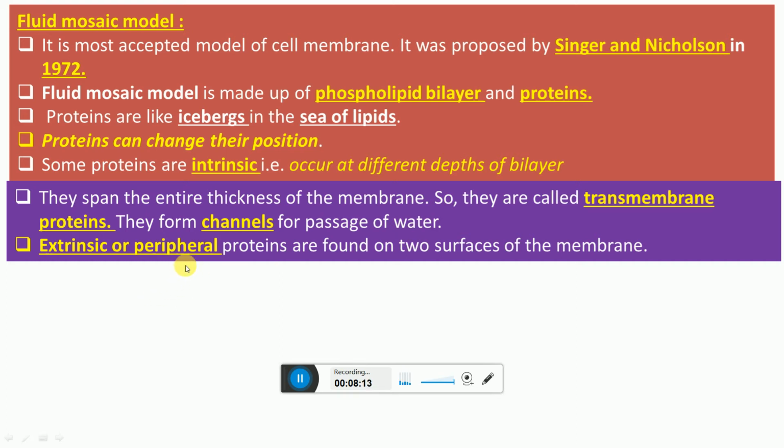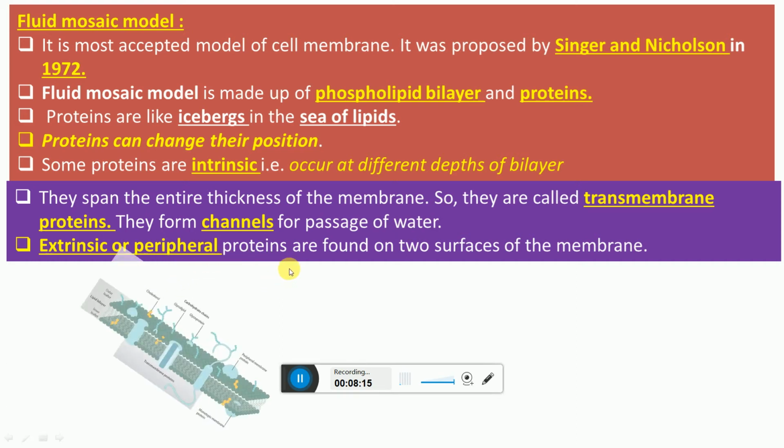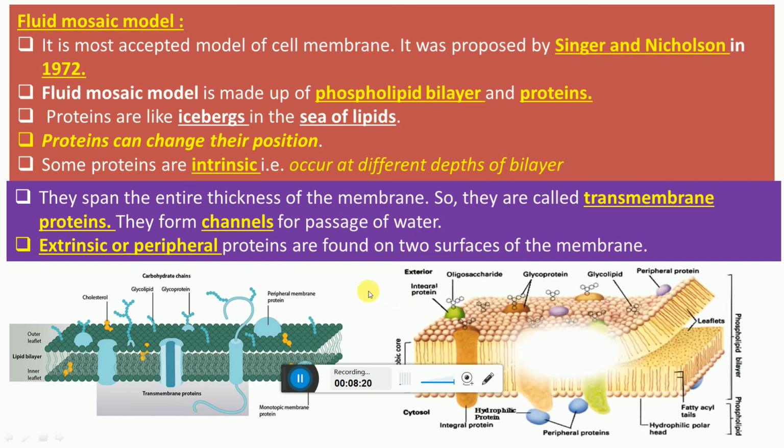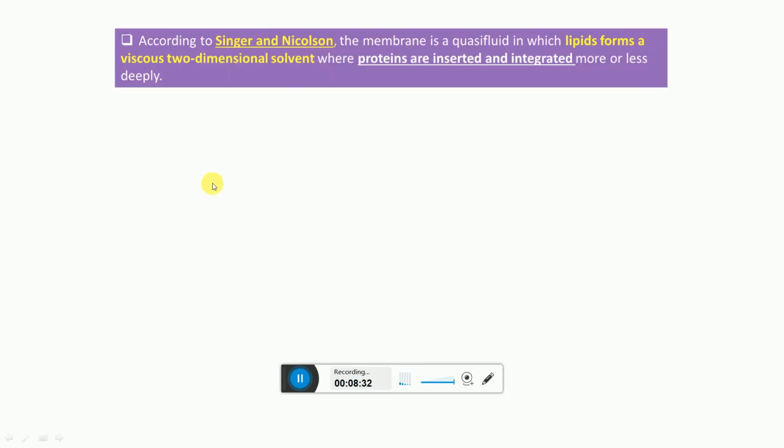Extrinsic or peripheral proteins, the second type, are found on the two surfaces of the membrane. So some proteins are intrinsic proteins, some are extrinsic proteins, as shown in the figure.